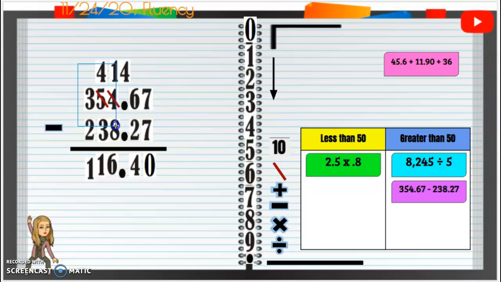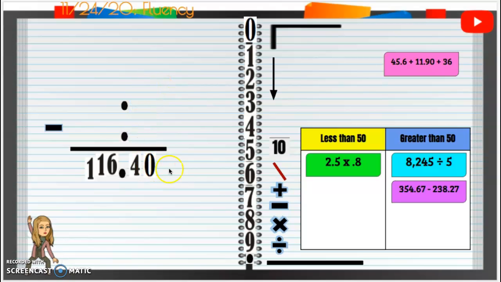All right, let's add now. We do have some decimals. Remember, when we're adding or subtracting decimals, we have to line them up. And in this case, we have another one too. All right, so 45 and 6/10, so 45.6.